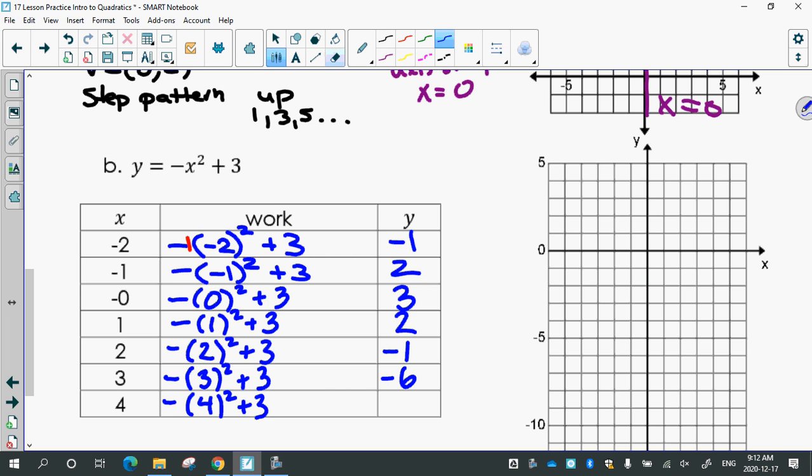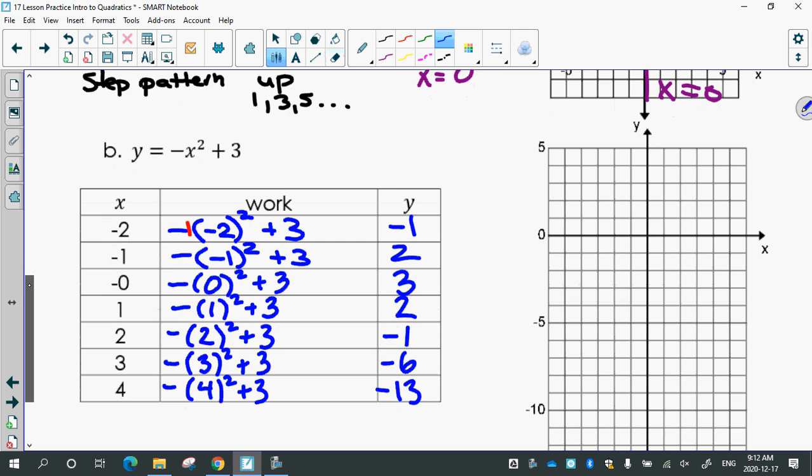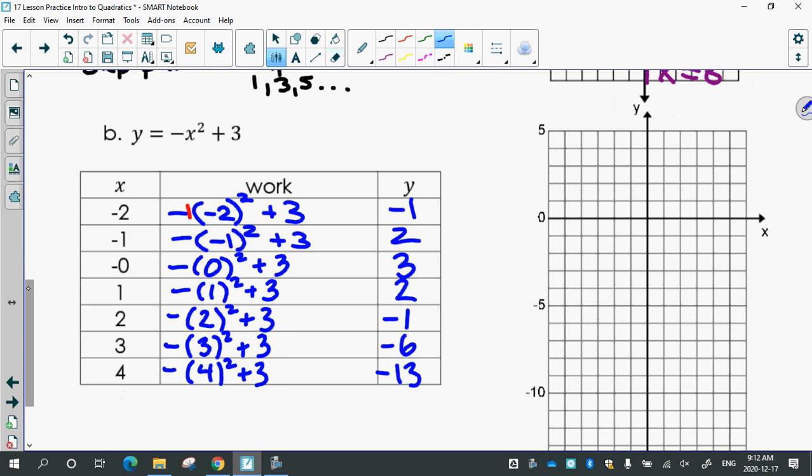Negative 16 plus 3, negative 13. Okay, try plotting those points.